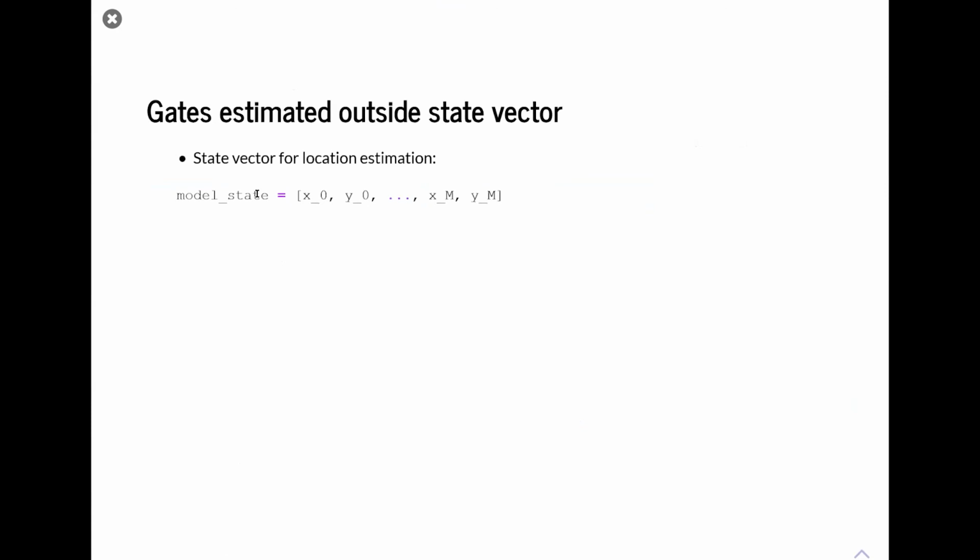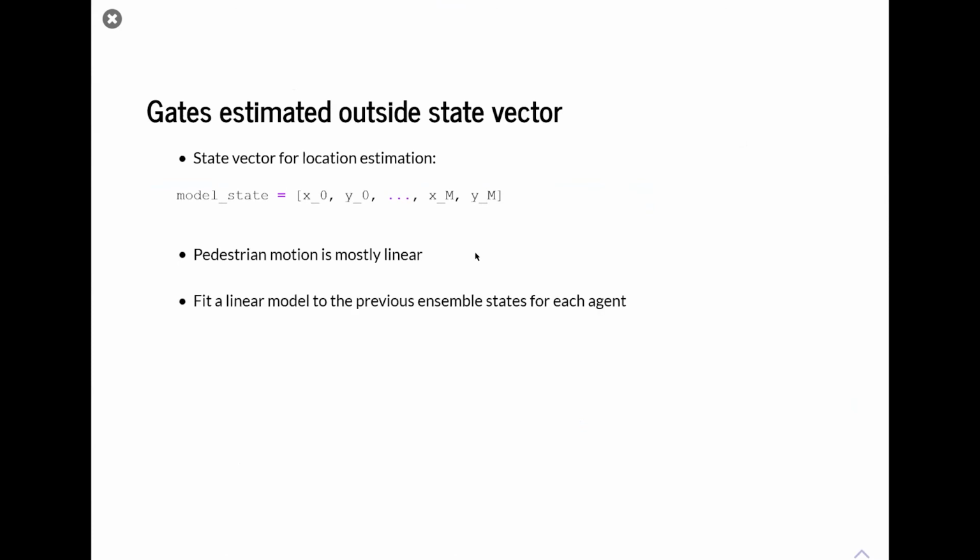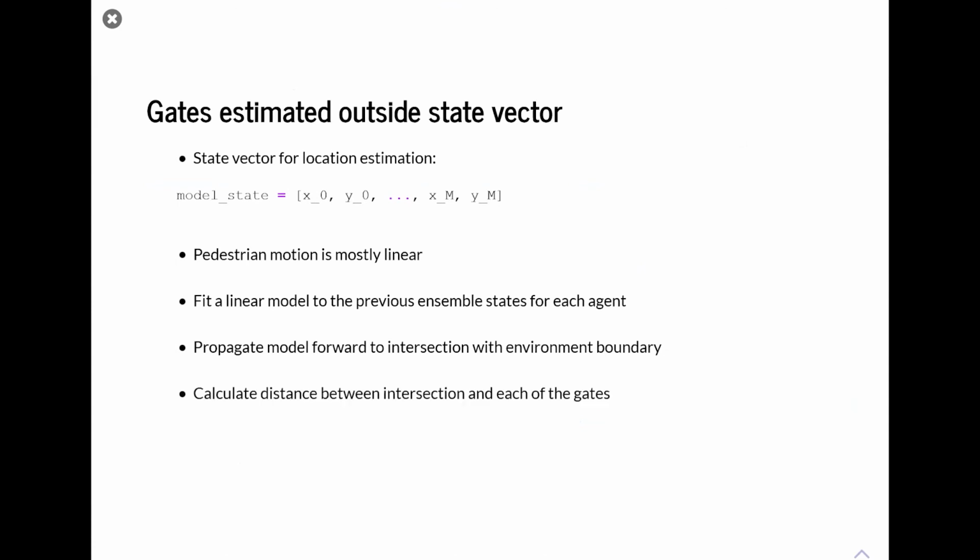Again, we'd have our state vector for a model, and we'd say, well, our pedestrian motion is mostly linear. So we could fit a linear model to the previous ensemble states for each of the agents, and then propagate the model forward to an intersection point with the environment boundary. We could calculate the distance between this intersection and each of the gates, and then assign to that agent the gate which is closest to this point of intersection.